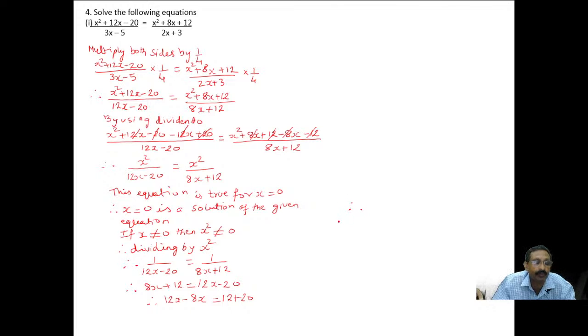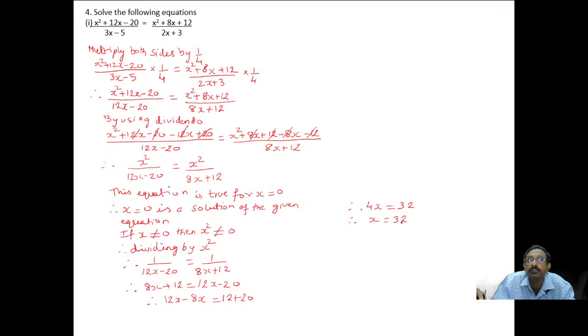Therefore, what we'll get? 12x minus 8x. How much do we get? We get 4x, which is equal to 12 plus 20 gives me 32. Therefore, x is equal to, now 4 is getting multiplied here. When I bring this side, it will be division.